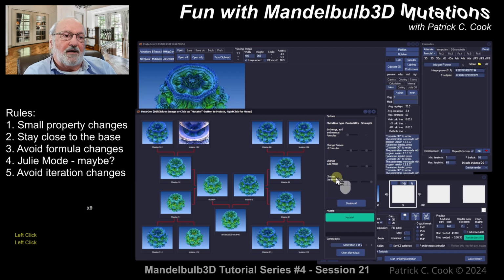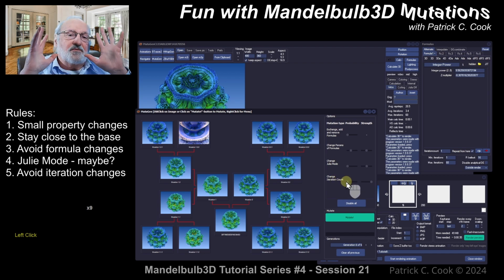I also, in my experience, have found that the Mandelbulb3D animation algorithm code does not handle the interpolation of the iteration count between 2 keyframes. Again, we're not talking about movement of the camera. We're talking about the modification, the animation of the graphic itself.